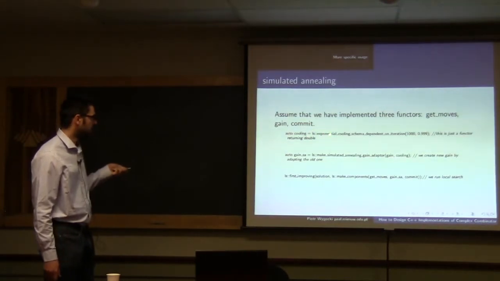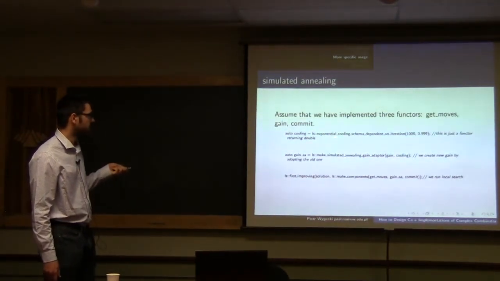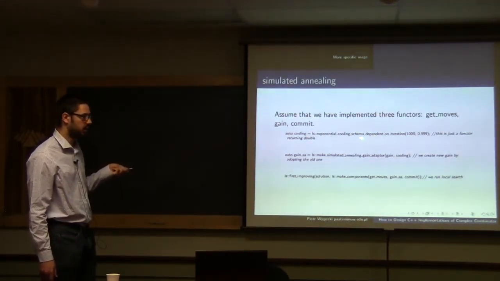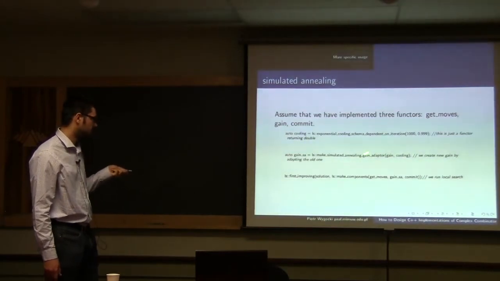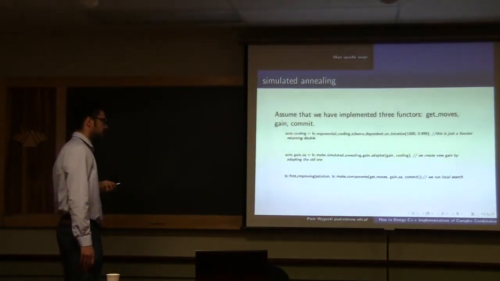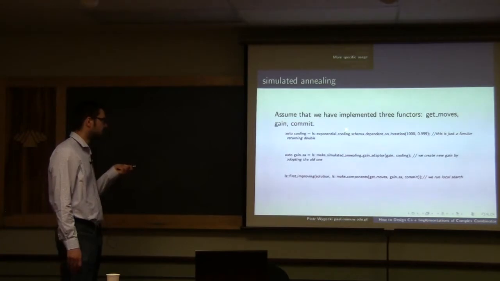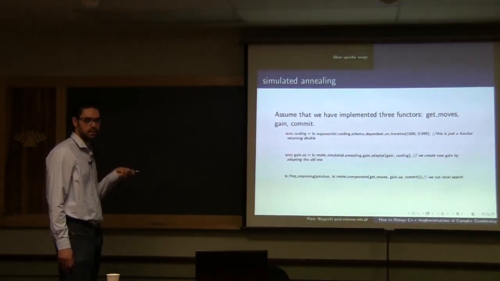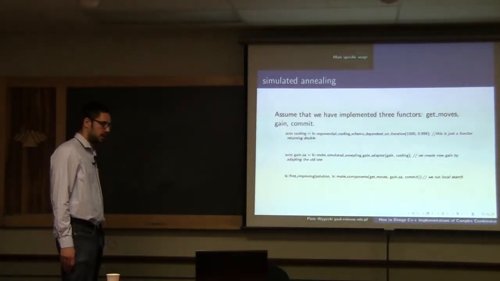And oh, this looks terrible. It's an exponential cooling scheme dependent on the iteration. Someone might say that the user has to understand what this function means, and it looks complicated.